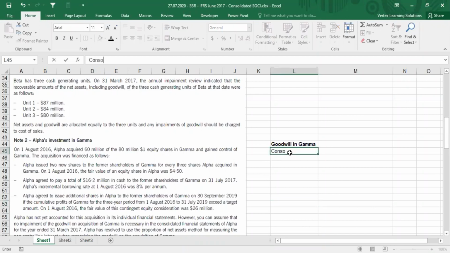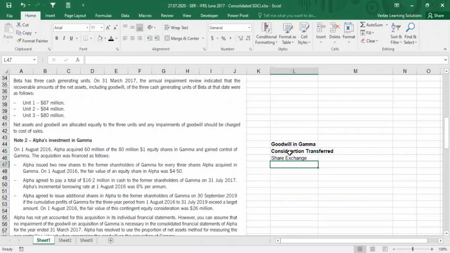So I would say consideration transferred, and you can call it cost of investment, whatever. First is share exchange. There are 80 million shares, and we are acquiring 60 million shares, and for every 3 shares we are giving 2. So multiplied by 2 divided by 3.